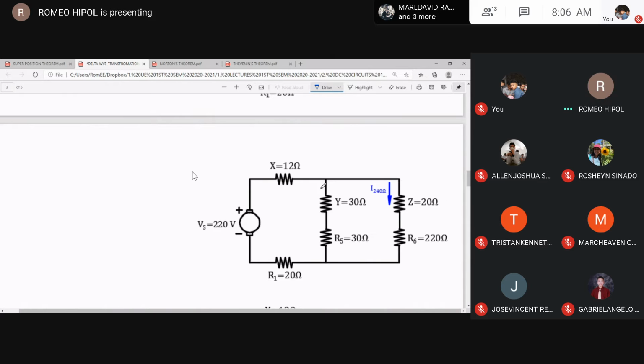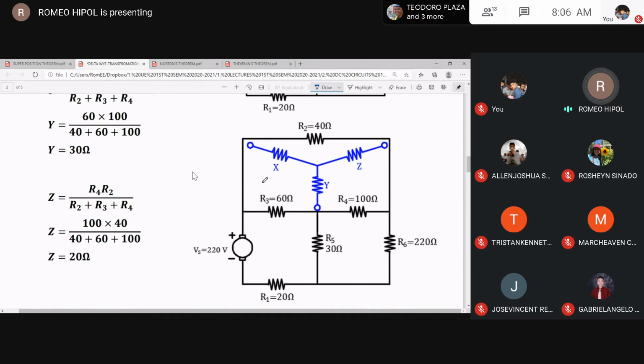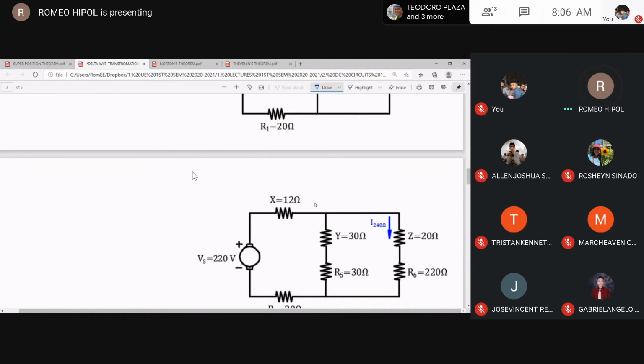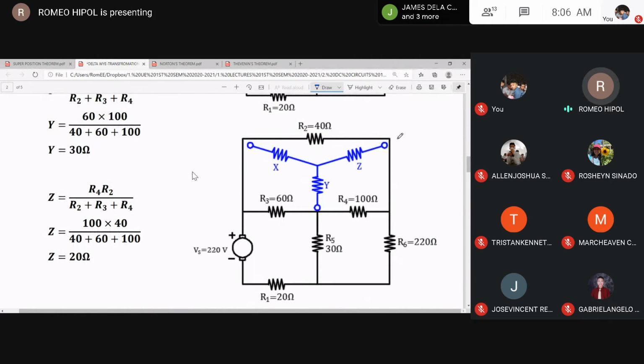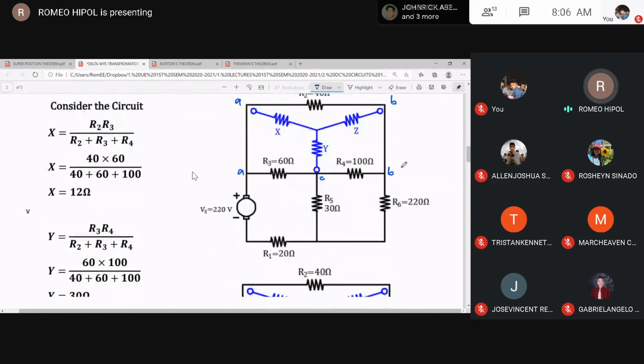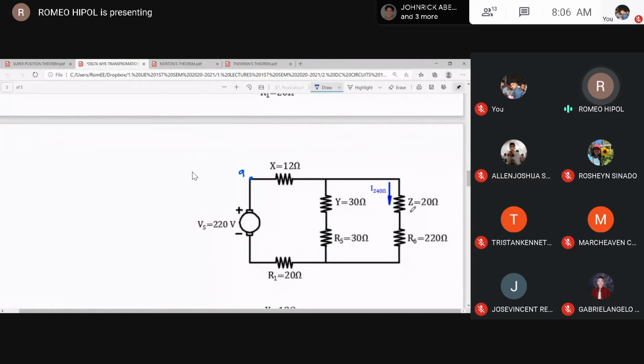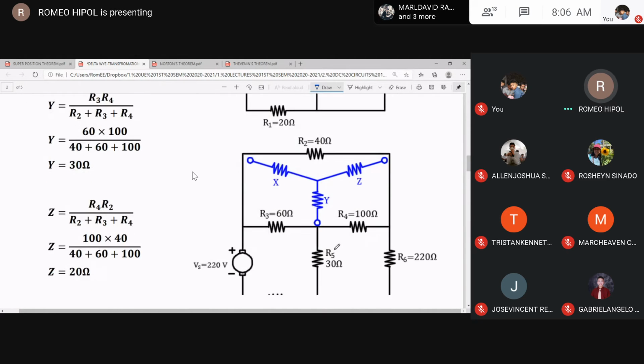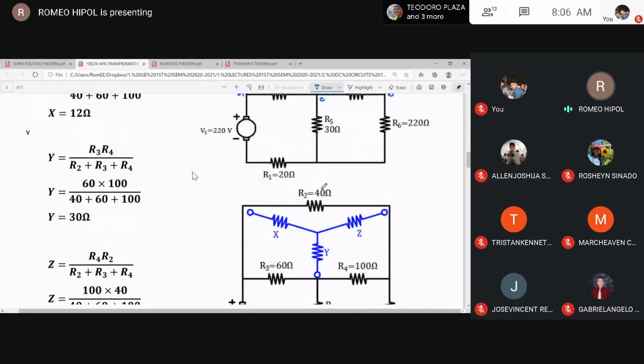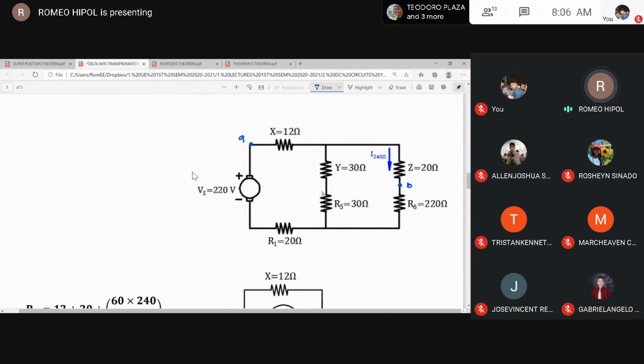Naintindihan? So, yung terminal A, connected sa end ng terminal X. Ito yung A. Yung B is connected at the end of terminal Z. Terminal B, or terminal C. So, at the end of resistor Y. Pwede kayo mag-set ng terminals. Naintindihan?